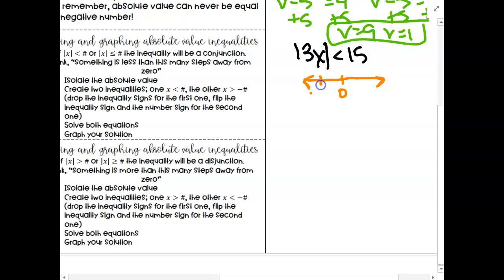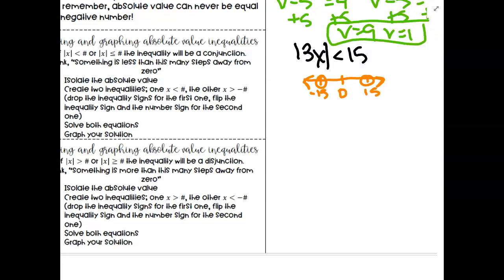So, if I start at 0, and I've got my -15, I've got my +15. First of all, I know it's a less than, so I know I'm going to have open dots. What you have to think about is, if you started at 0, and I said you have to take less than 15 steps, what are some numbers you could get to?